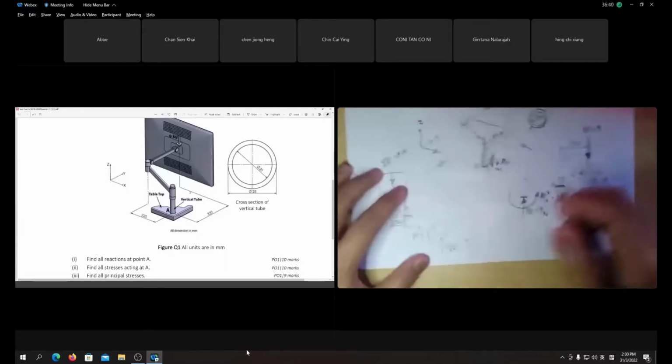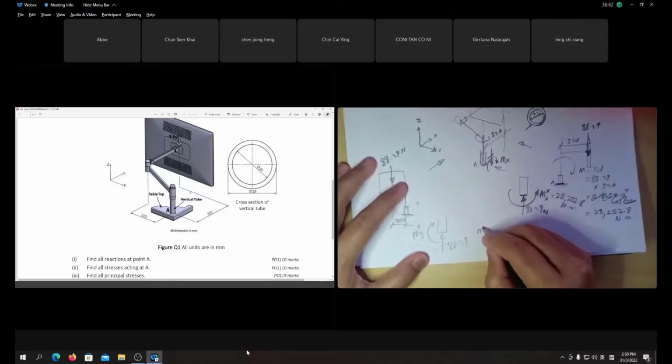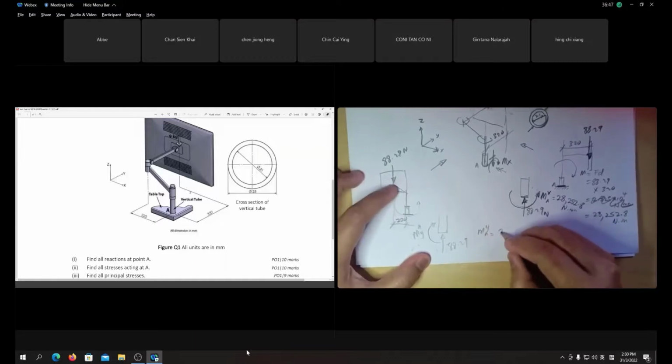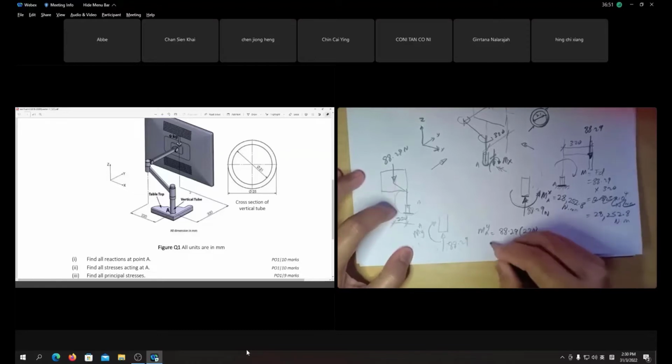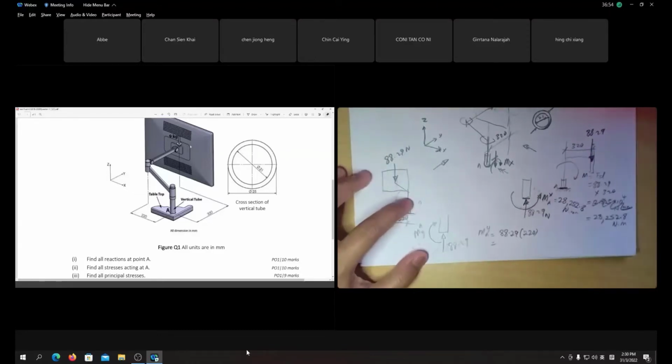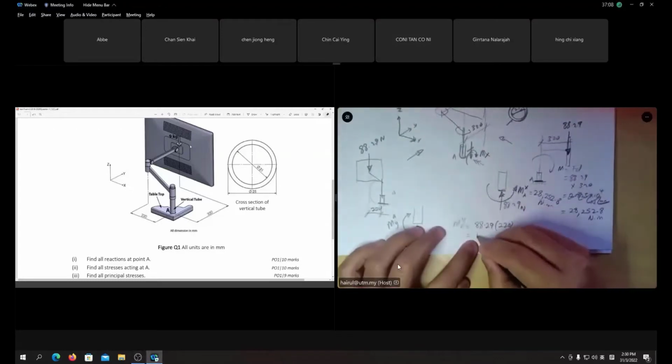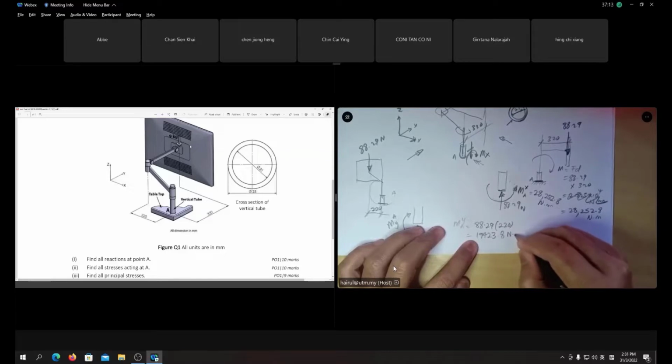It is 88.29 times 220, which is 19,423.8 Newton millimeter.